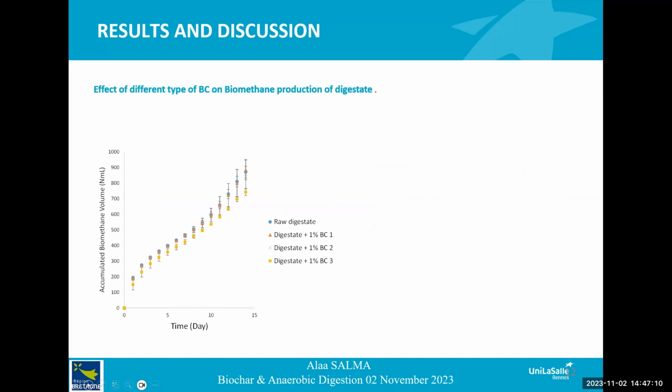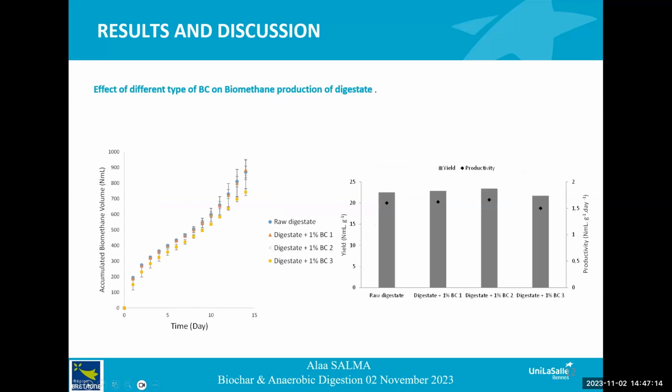So we can see that biochar 1 was the most effective in enhancing biomethane production. At the end of the experiment, it yielded about 22.8 normal milliliter methane per gram of dry matter, which corresponds to a productivity of 1.62 per day.